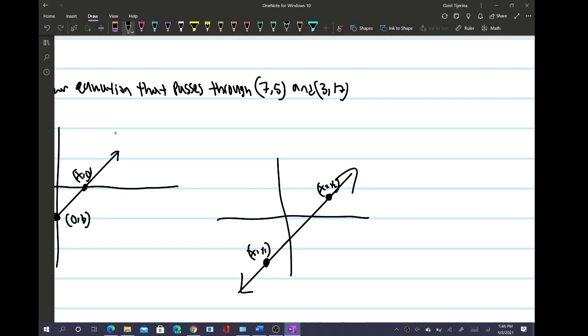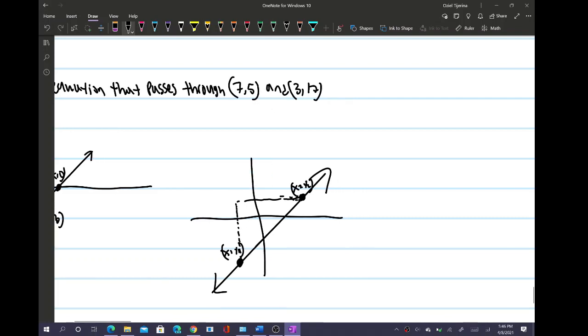The slope means that you form a little right triangle, right? This part here is x2 minus x1, and this part over here is y2 minus y1, right?